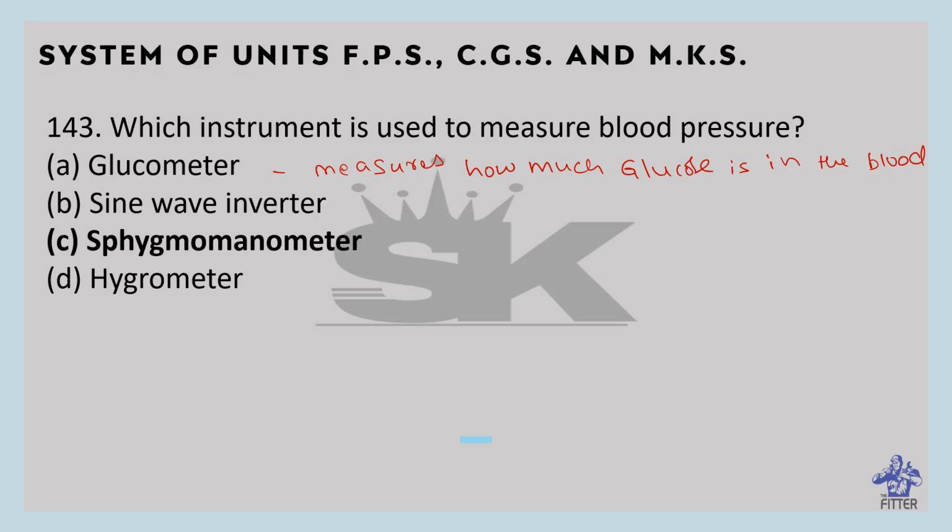Sine wave inverter converts DC to AC. Direct current to alternate current.